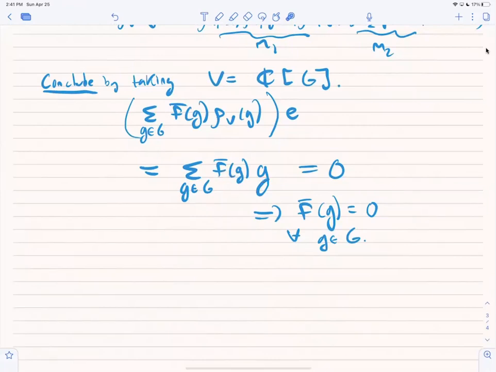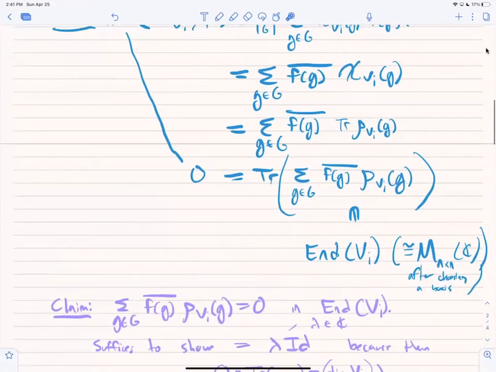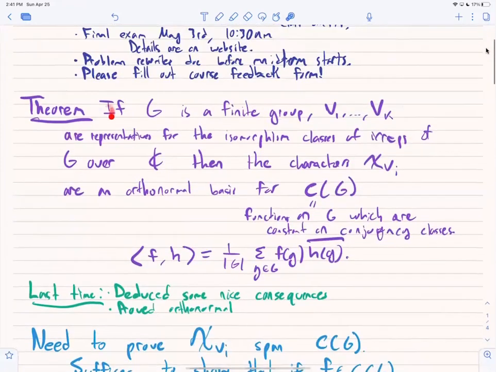And so if that's equal to 0, well, since these symbols g are a basis for this vector space, you get that f bar of g is equal to 0, for all g, all the coefficients. Okay, so that finishes the proof that these things span, and thus finishes the proof of this very nice theorem.